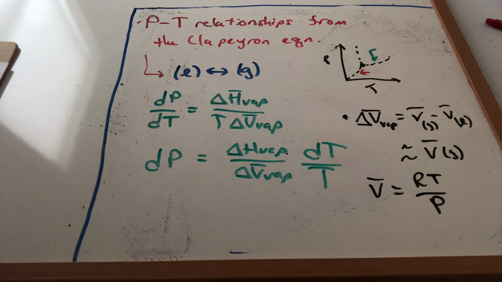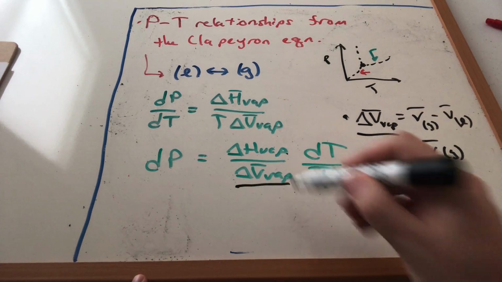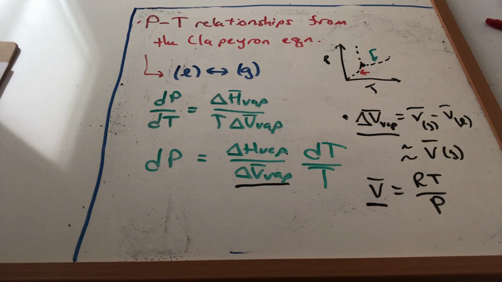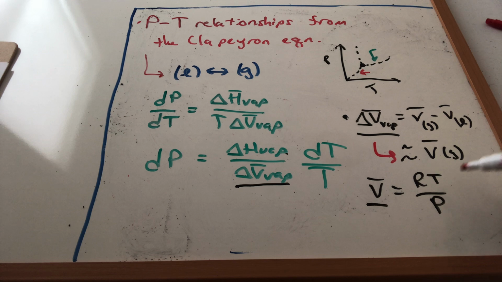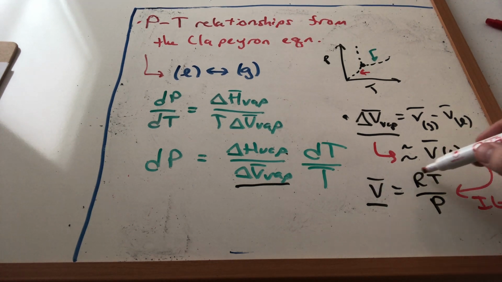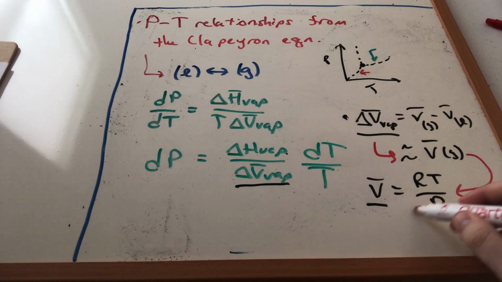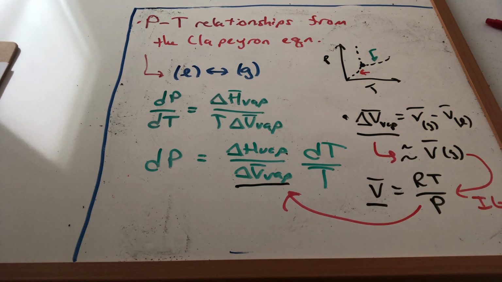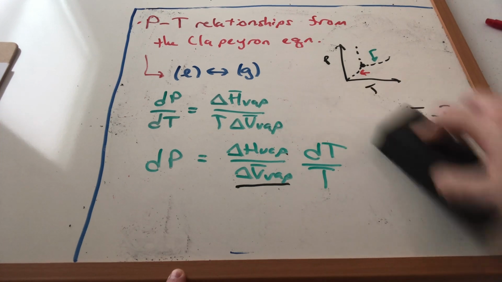If I do some linking here, I have a delta V here, I make some arguments that delta V is really V for gas, and I also know that for an ideal gas, V looks like RT over P. So I'm going to make this substitution right here. If we do that, I'm just going to give myself some more room here.